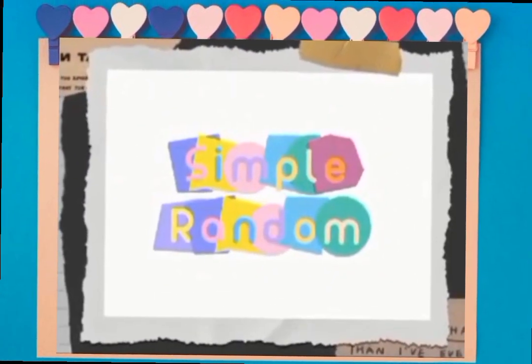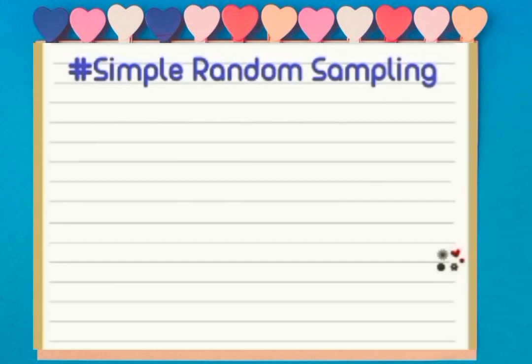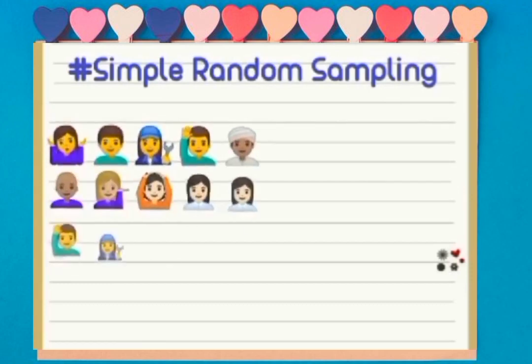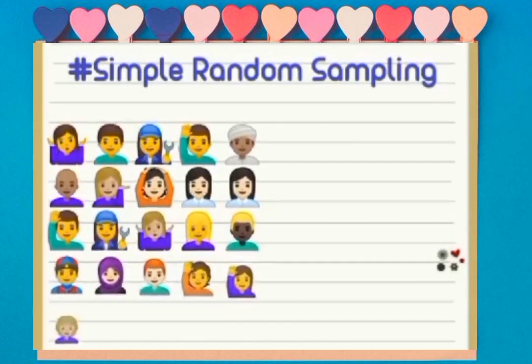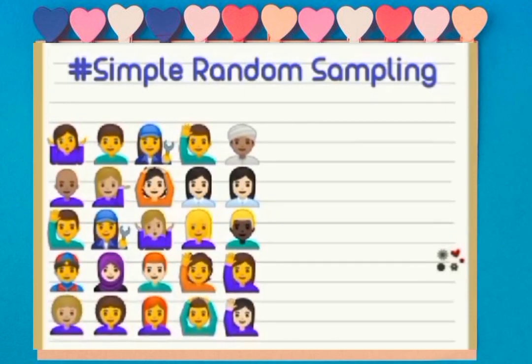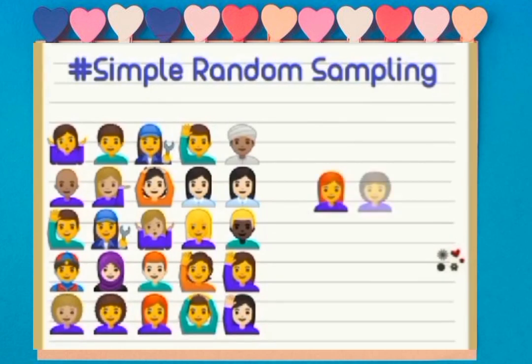Probability sampling. Simple random sampling. When you're using a simple random sample, every member of the population has an equal chance of being selected. Your sampling frame should include the whole population to conduct this type of sampling.